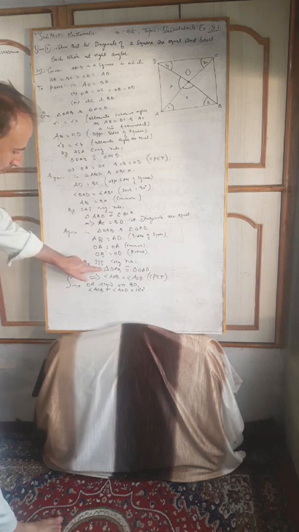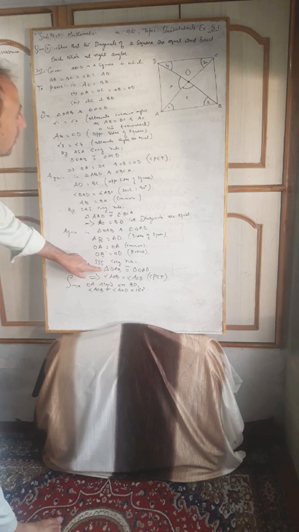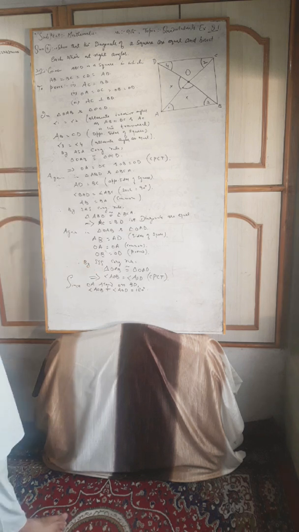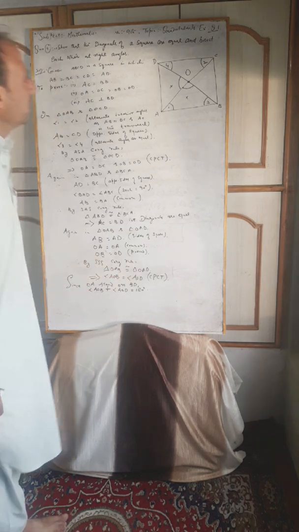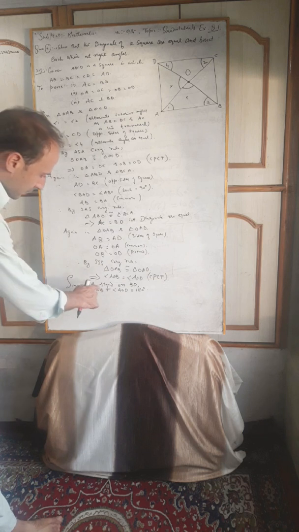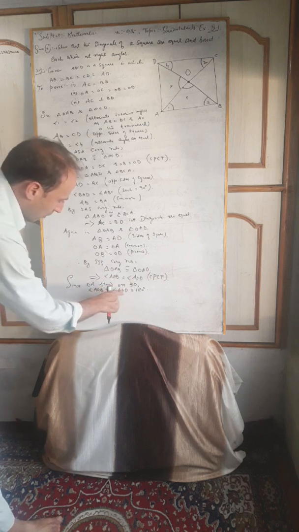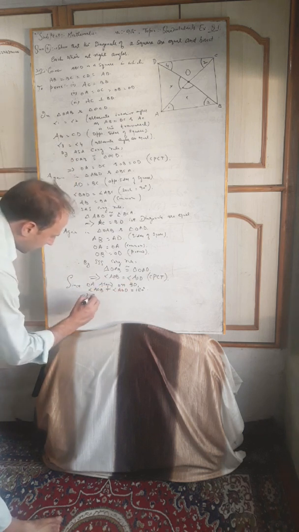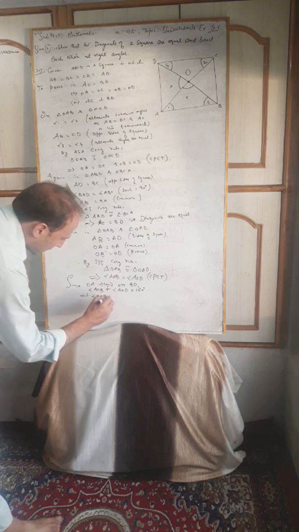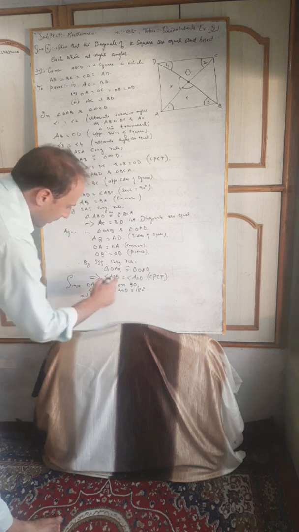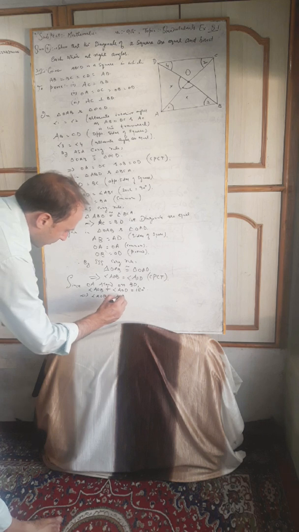Since angle AOB is equal to angle AOD, in place of angle AOD we will write angle AOB, because both the angles are equal.